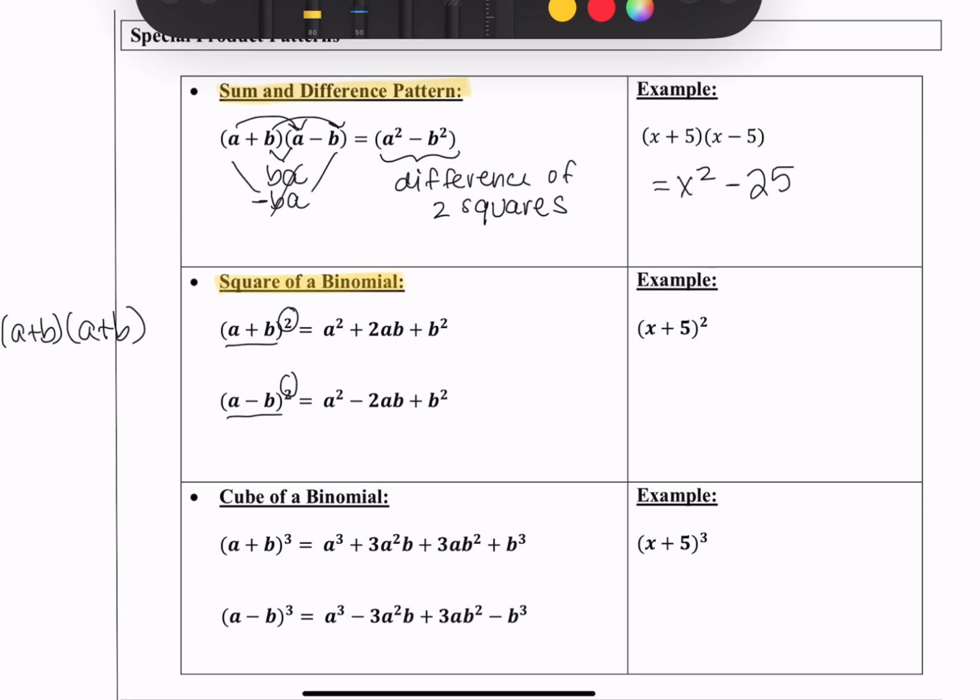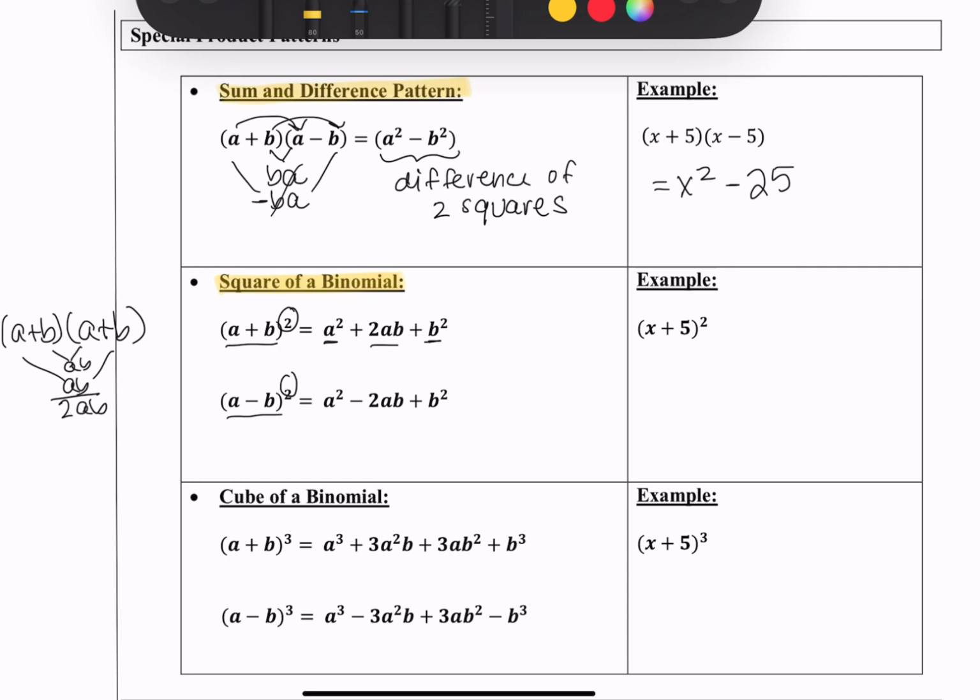And when you do that, what you end up with is the first term gets squared. The inners and outers are exactly the same thing. So here you have a times b and a times b, and when you add those together, you get that 2ab. So that's where that middle term comes from. And then the last term is also squared.